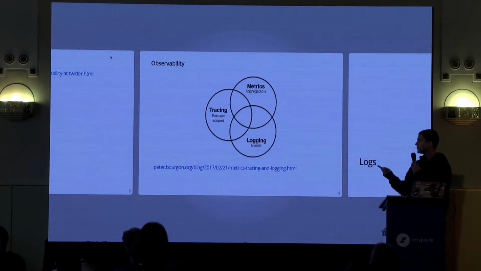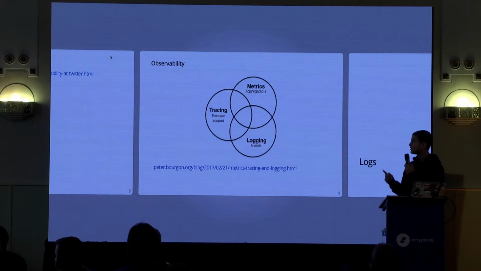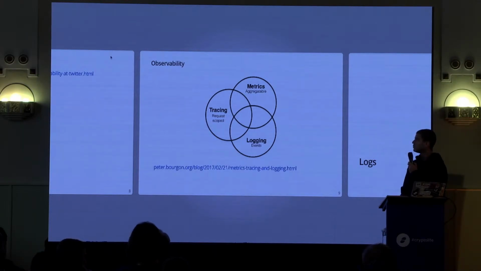There is another really nice blog post from Peter Bourgon, who has a nice diagram on what he understands in terms of observability. So we have metrics, which are aggregate statistics that all nodes emit, and we want to aggregate them and get a full view based on all distributed processes.